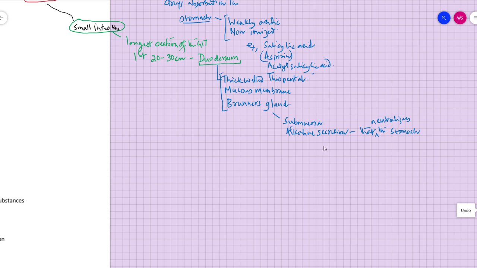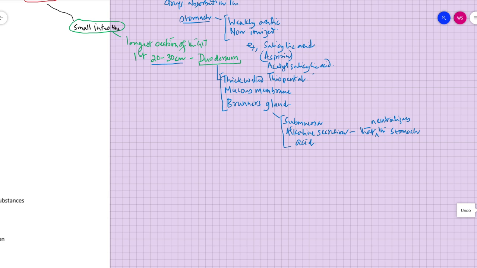Okay. Yeah, so this is present only in the duodenum. Okay. So that's the first 20 to 30 centimeters. Okay. So the point to remember here is there is again very less absorption. Okay. So there is less absorption in the duodenum.